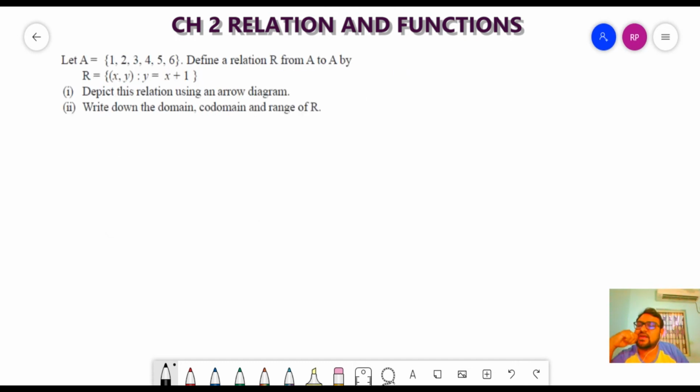Here it is given that set A is equal to {1, 2, 3, 4, 5, 6}, right?